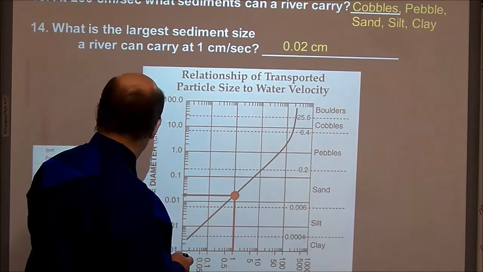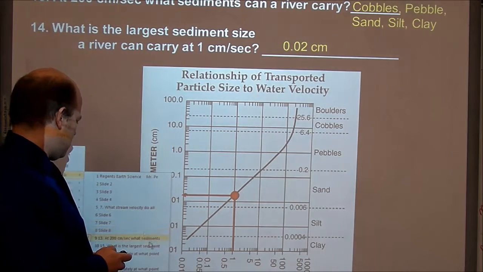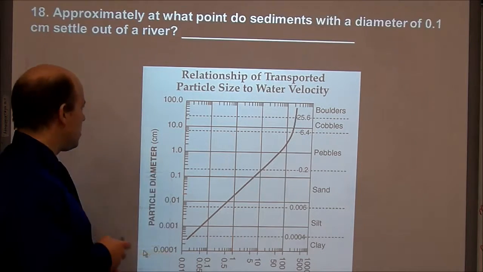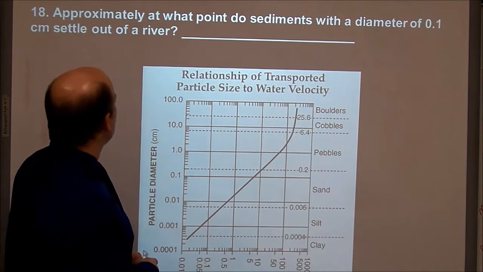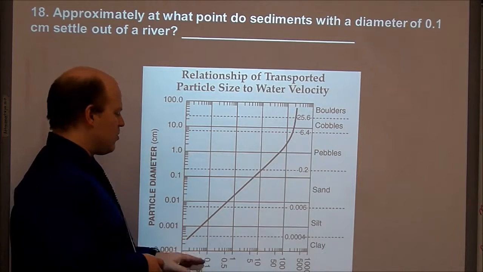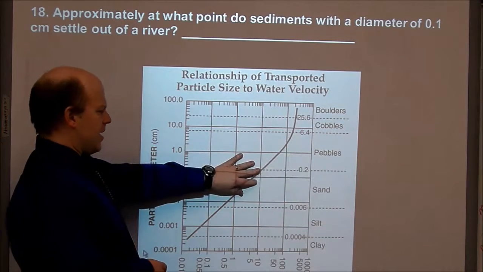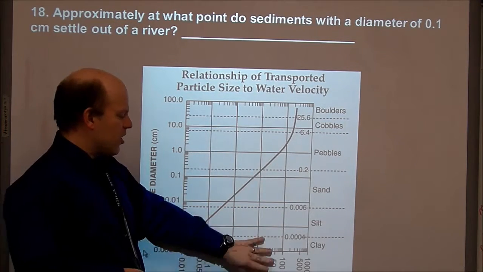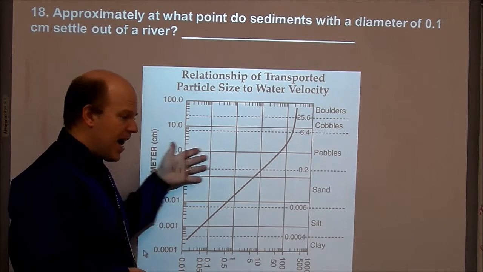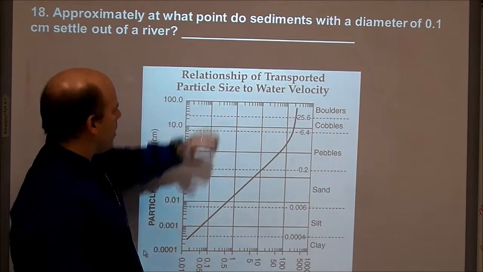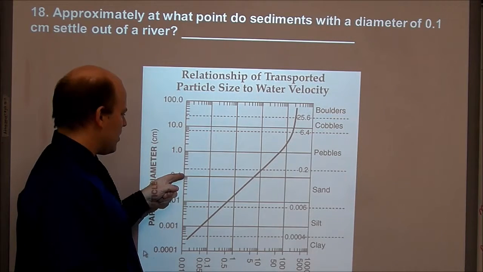That then leads us to number 18. Approximately at what point do sediments with a diameter of 0.1 centimeters settle out? So we've used the chart from this side, gone over and gone down, and we've used the chart from down here and gone up and come over. Now we're going to use the chart on this side and go down. So 0.1 centimeters is here.